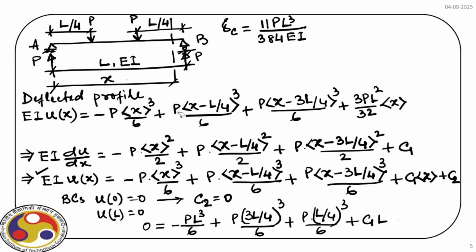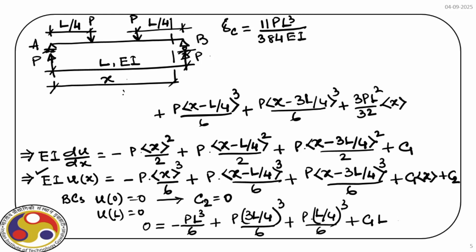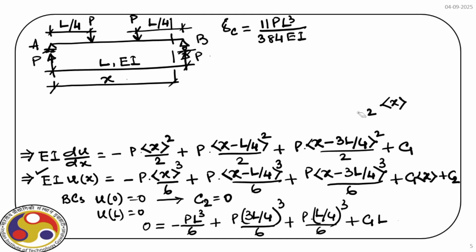Right. Now our next task is to find out the slope at the two ends, and for that we use the expression as you can see on your screen. The only thing is we have to modify, so the value of C1 is equal to 3PL square divided by 32.